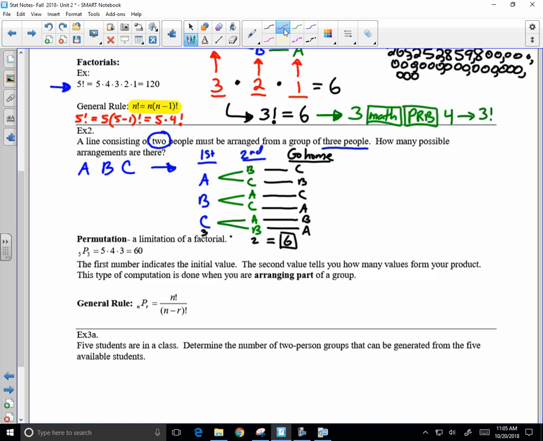Well, the notation nPr: n is the number available, r is the number per arrangement.